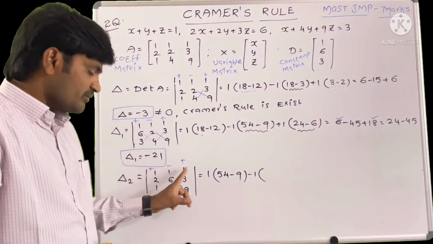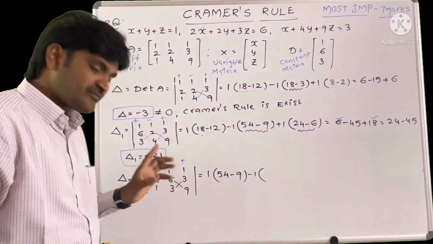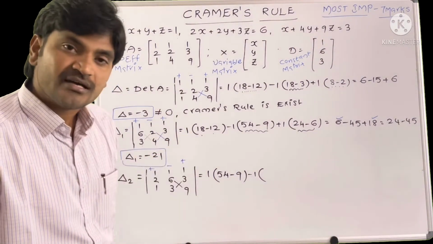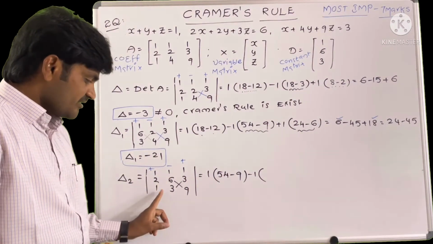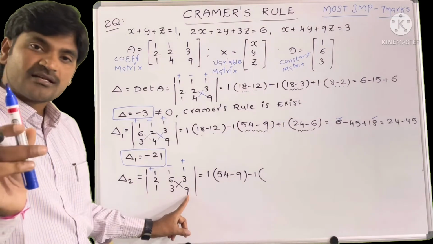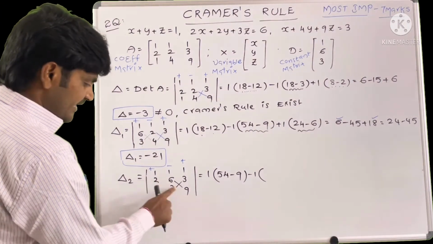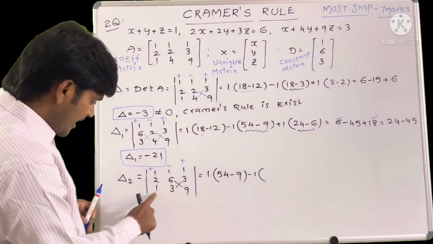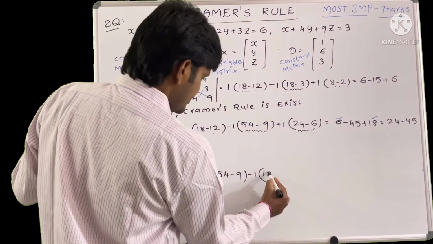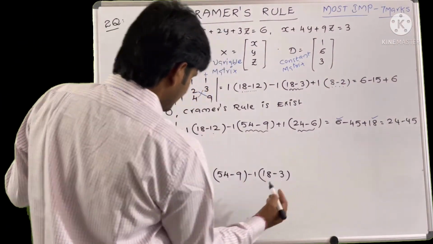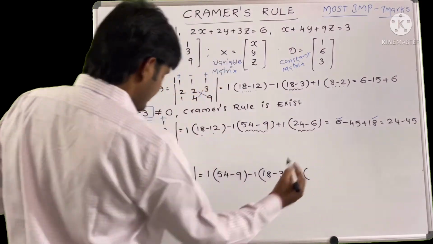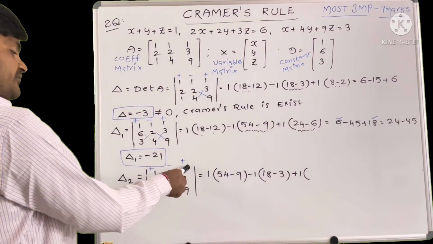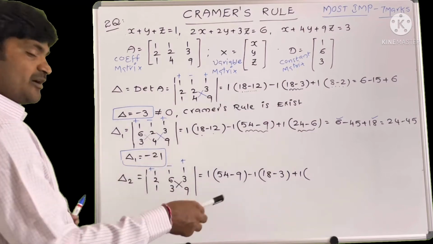Now this row and this column removed, so that remaining 4 elements are 2, 3, 1, 9. Using cross multiplication, 2 9s are 18 and this is 3. 18 minus 3. Plus into one symbol, plus 1 into this 1 situated row and column removed.